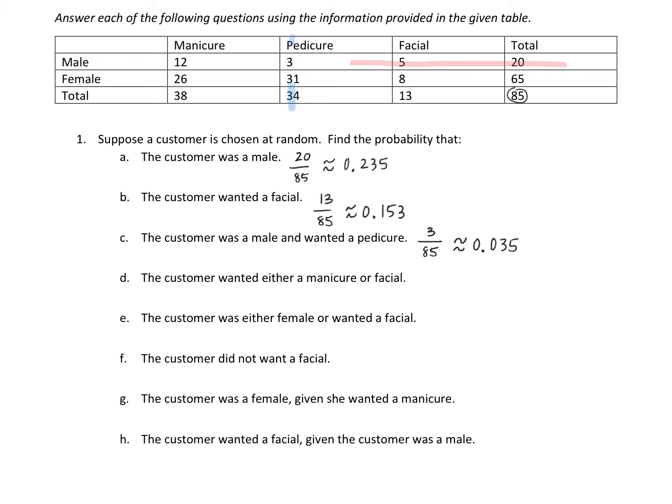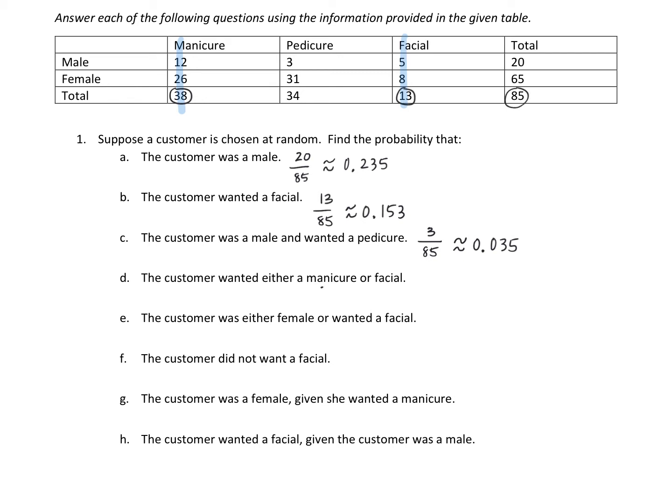Okay, part D. Find the probability that the customer wanted either a manicure or a facial. Since they're just talking about manicure or facial, they're not talking about male or female. It's just how many customers wanted a manicure or how many wanted a facial out of the total number of customers.